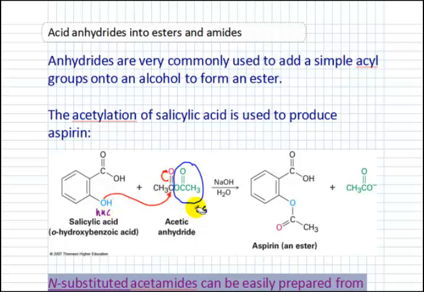We'll essentially just replace the leaving group with the rest of this alcohol here to make an ester. We've added an acetyl group. Right? That's C double bond O CH3. We can add an acetyl group onto an alcohol with acetic anhydride.